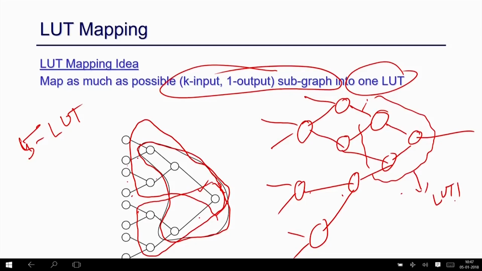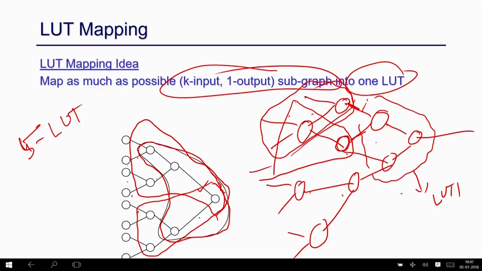Because this output is common, I have to create another LUT here. Similarly, there is another output, so I have to map this structure. Since this is already occupied, there may be some duplication as well, because I want another 4-input, 1-output LUT structure here. Similarly, since this is one output, I can choose this one. So this is one possibility.